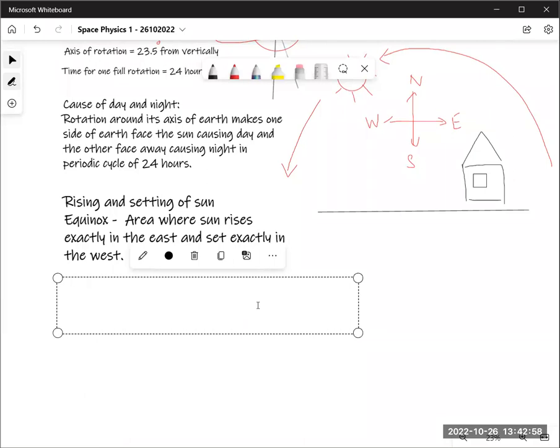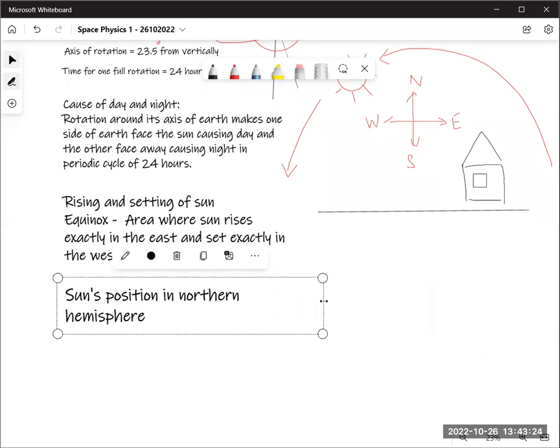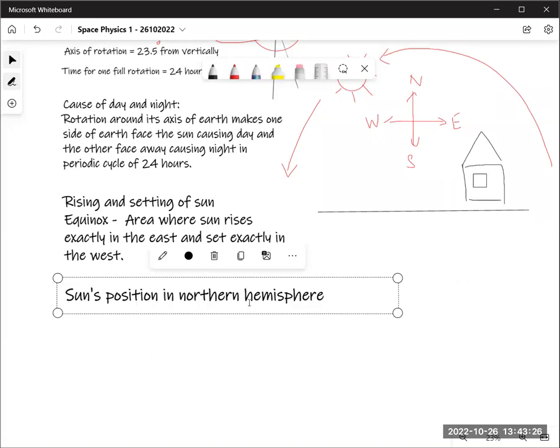So let's say sun's position, or rather, seasons in the northern hemisphere.